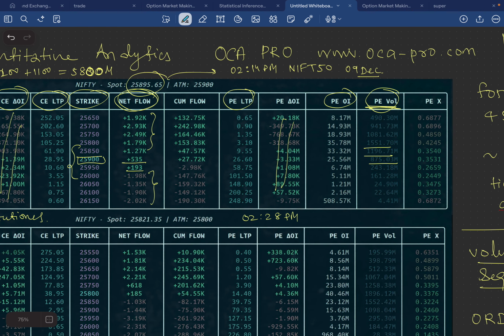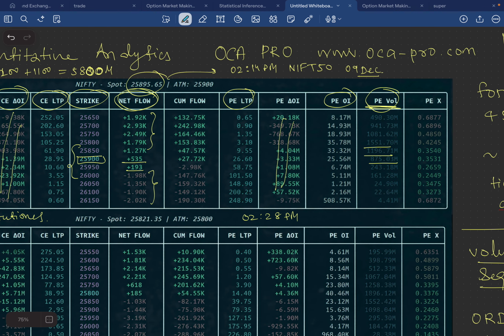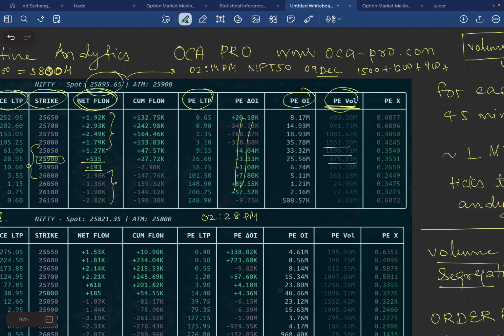Here we can have the put volume, that is 1500 something plus 1200 plus 900, let's say, and then around 243, so let's call it 250. So it is going to be 2700 and 936, so it is mostly around 3800 something.